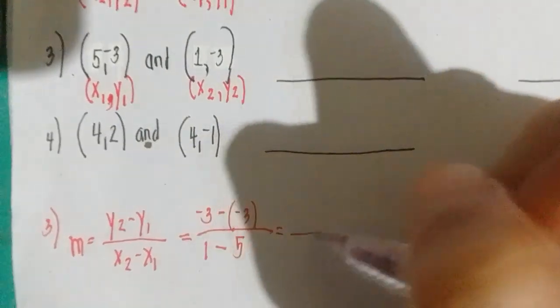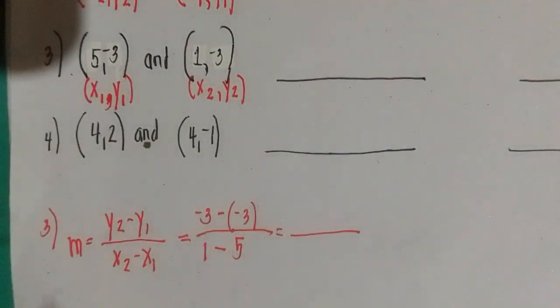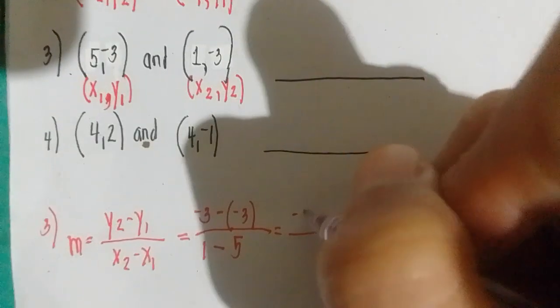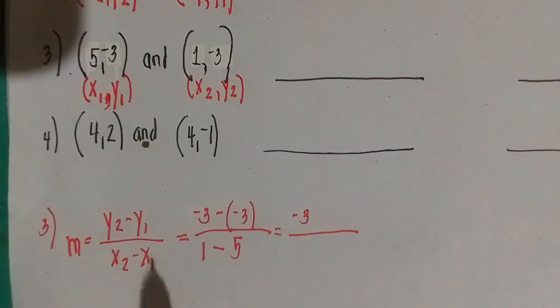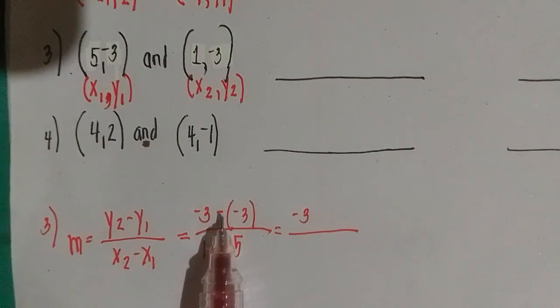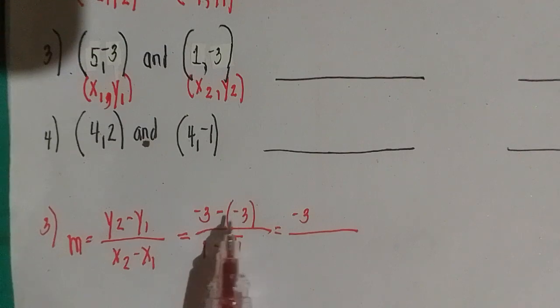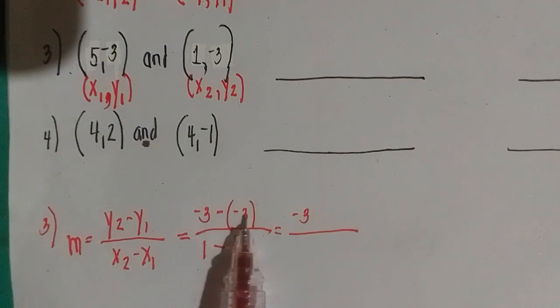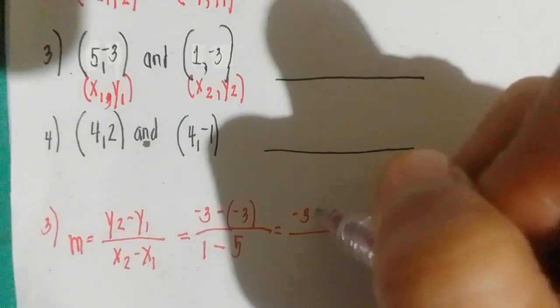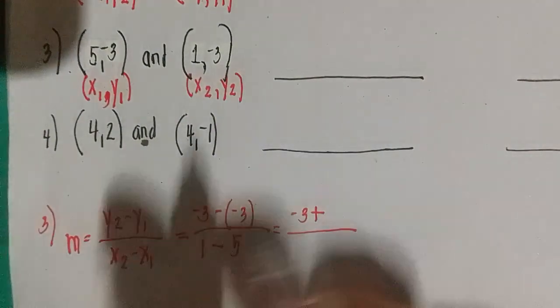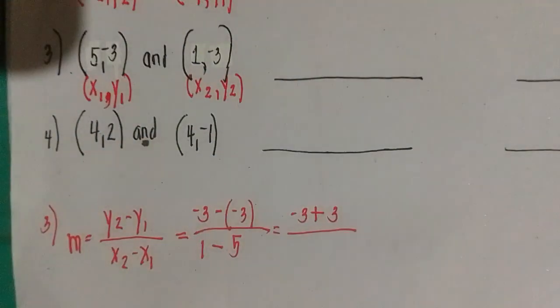Then, let us first simplify the numerator with the parenthesis. We will remove the parenthesis by multiplying the signs. So, copy the -3, your first term, and then next we will change the sign here. Negative times negative will become positive, followed by the value 3.